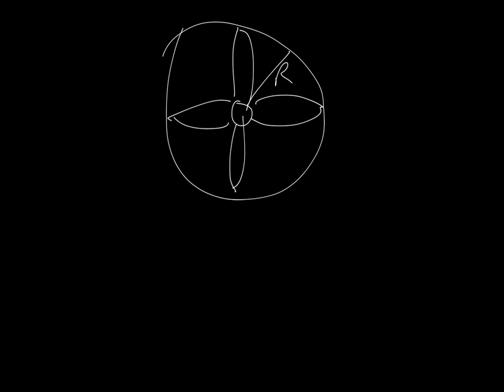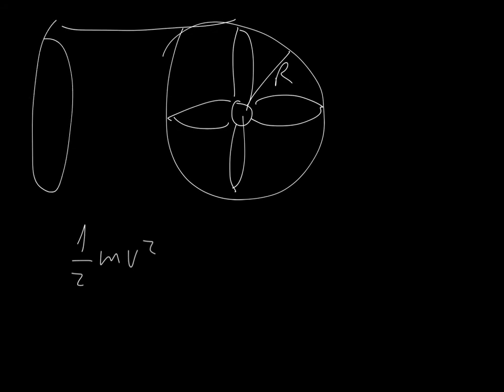Okay. Well, how do I find out the energy that the air carries? Well, if it's kinetic energy, it's given by 1/2 mv squared. v is simply the speed of the wind, so I have that. m will depend on the density of air and the volume of air. So let's make a little cylinder here. This cylinder will have a certain area A, which is, of course, the same area as my windmill.